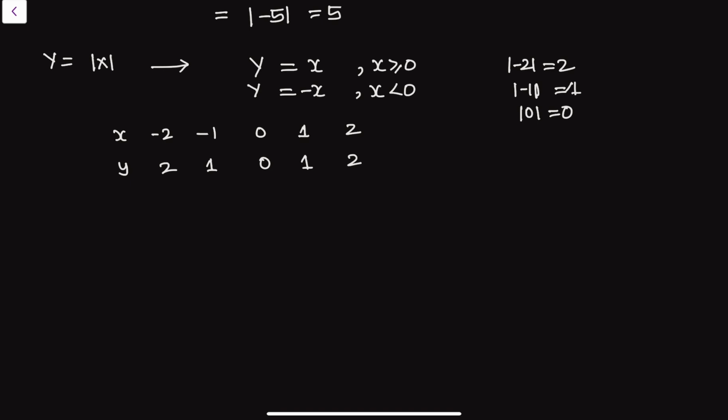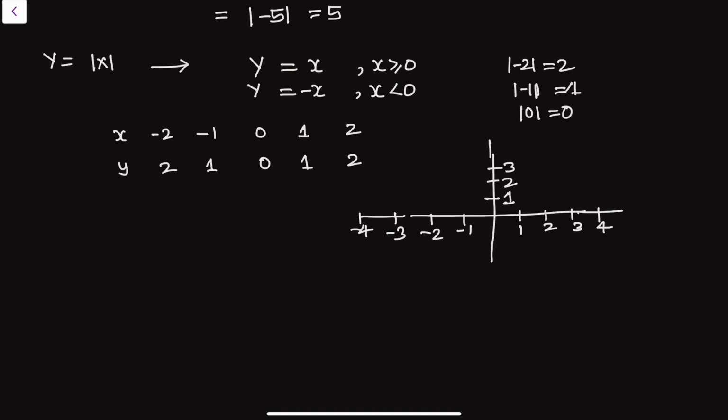Now let's plot the graph here. We have the x-axis and y-axis, and we mark the numbers 1, 2, 3, 4 on the x-axis, negative 1, negative 2, negative 3, negative 4, and similarly 1, 2, 3, 4 on the y-axis.